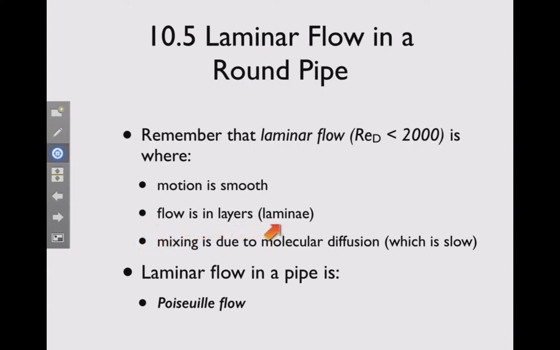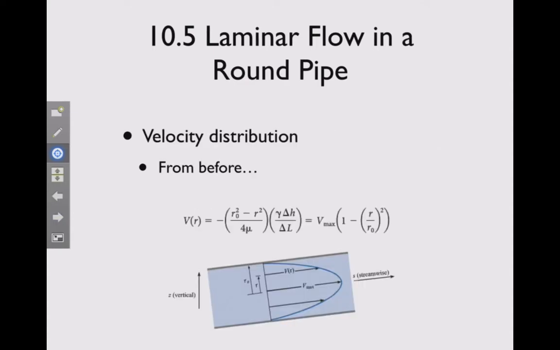That's why it's called laminar flow. Mixing is primarily due to molecular diffusion, which is quite slow. Through this derivation we'll find that laminar flow in a pipe is what we saw way early in the semester. It's a Poiseuille flow, so we're going to derive this equation right here initially.